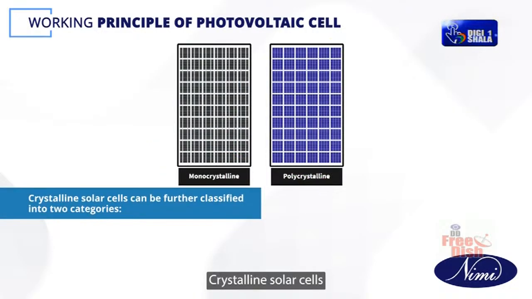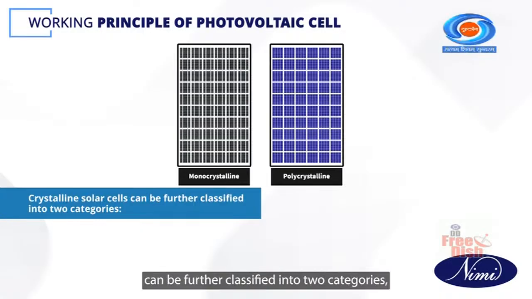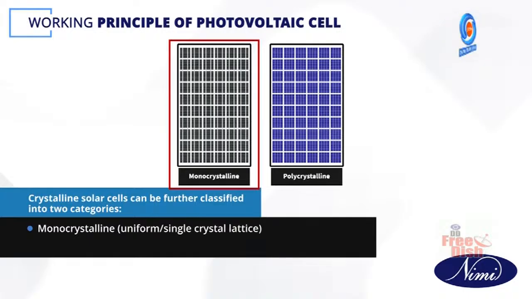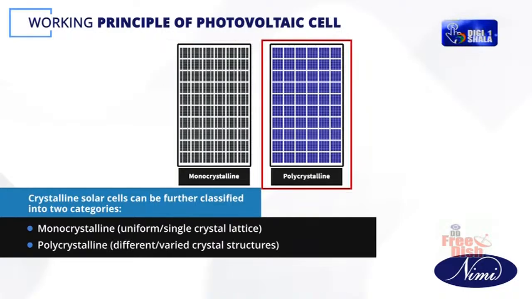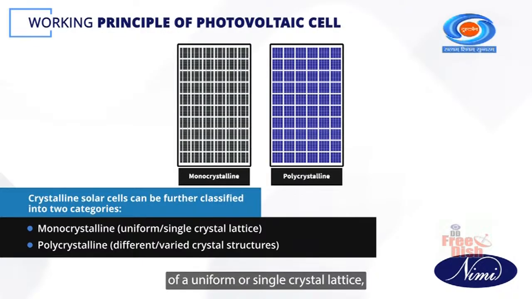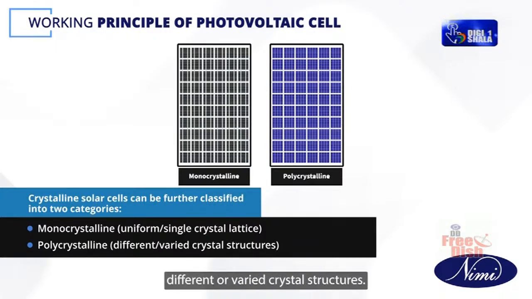Crystalline solar cells can be further classified into two categories: monocrystalline and polycrystalline. Monocrystalline PV cells are comprised of a uniform or single crystal lattice, whereas polycrystalline cells contain different or varied crystal structures.